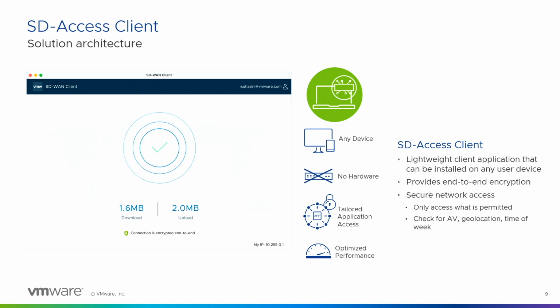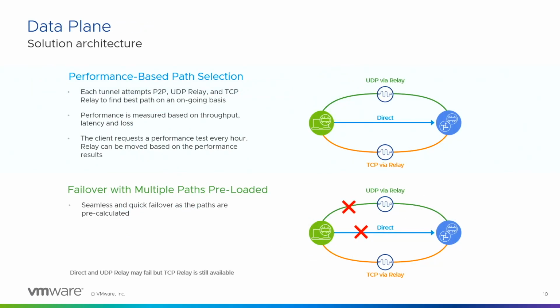Also, this provides optimized performance, better performance compared to your traditional remote access networks, because we are not hairpinning the traffic to the data centers. When I say performance, this really gives a better performance in terms of accessing these applications, right?